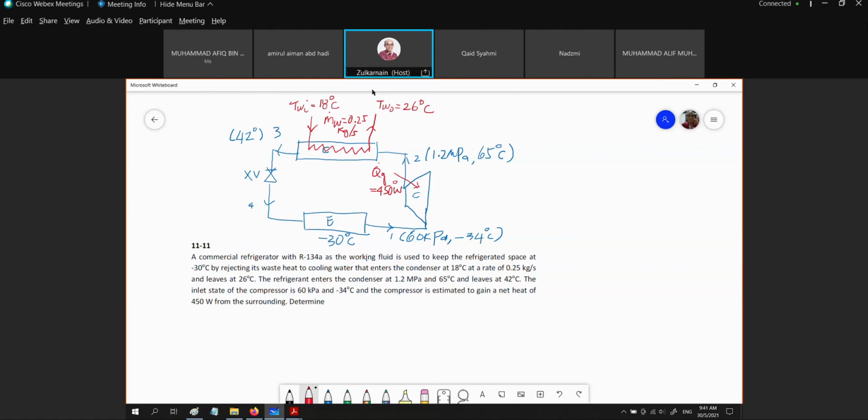Now what we do, we try to sketch. But before we sketch, we need to know the state of each point 1, 2, 3, and 4. We know that for this case, H3 is equal to H4 at the expansion valve.